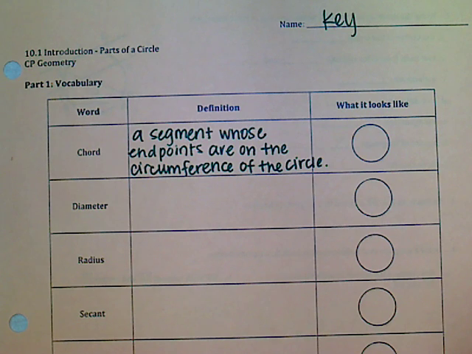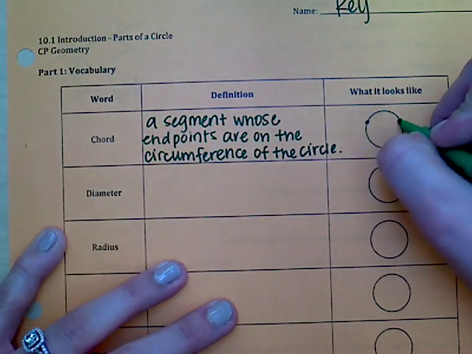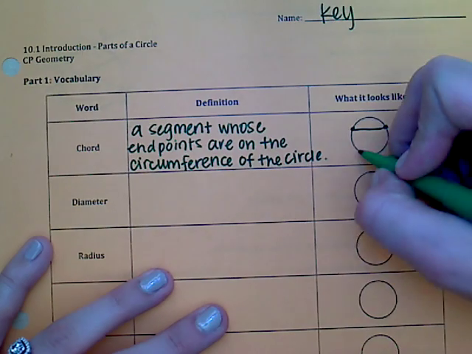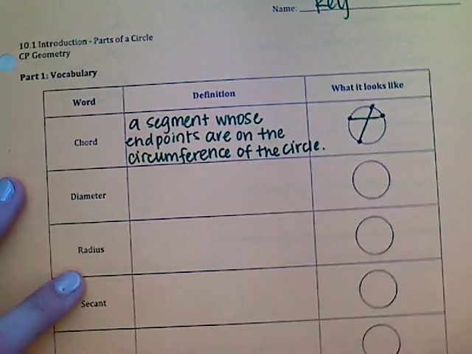Now what that means is you have a segment. You guys know that a segment is just a piece of a line with 2 endpoints, and both endpoints have to be on the circle. So an example would be something like this. Or an example could be something a little bit longer like that. Those are both examples of chords.